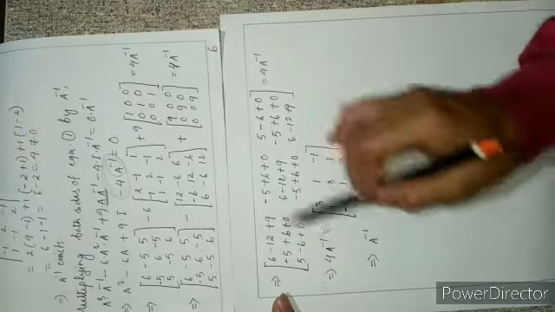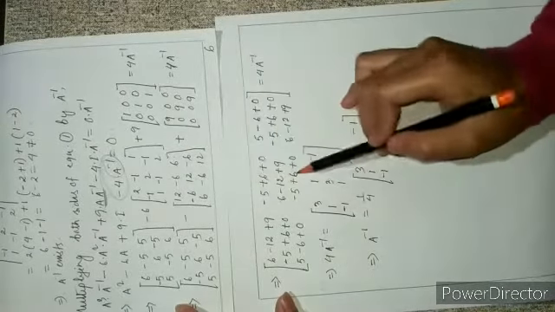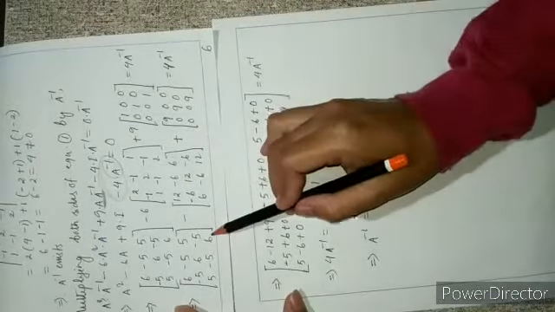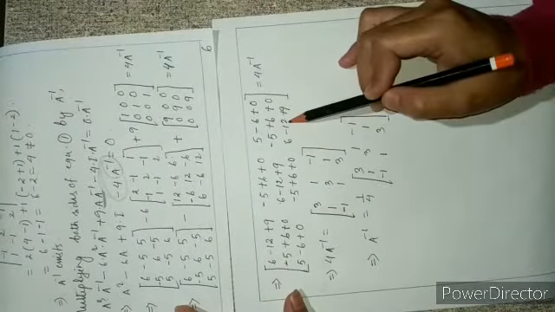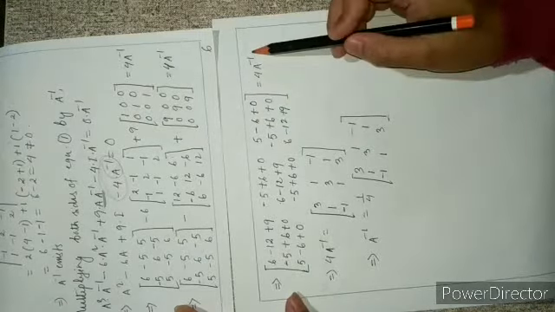Corresponding element minus 6 plus 0 minus 5, and the last element 6. Corresponding elements are minus 12 and plus 9, equal to 4 times A inverse.